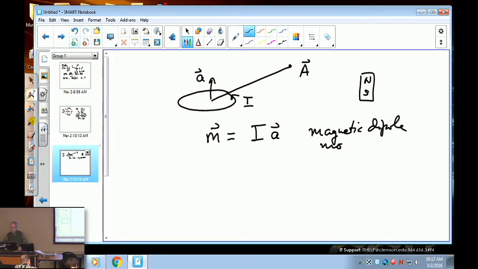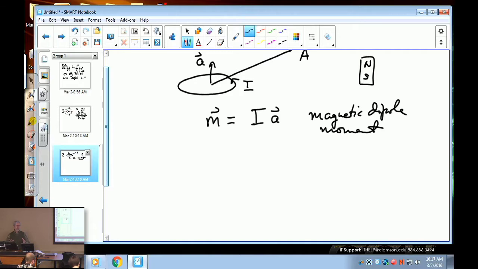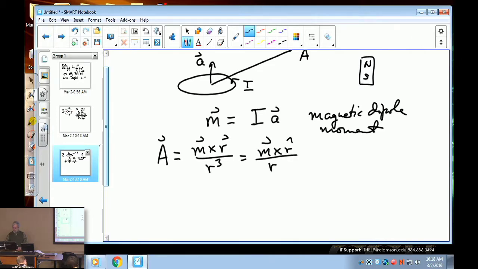And so I had you skip down to the beginning of chapter 4, where he takes the approximation from the exact answer in chapter 3, where he demonstrates that the far field behavior of A from this magnetic dipole, from this current loop, looks just like that.